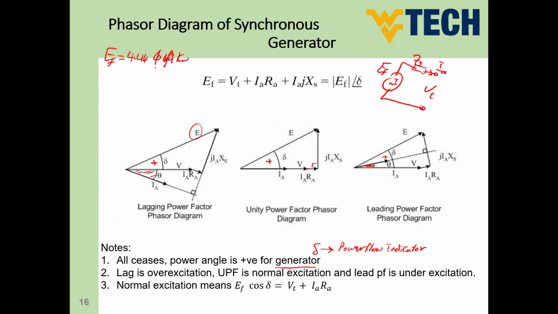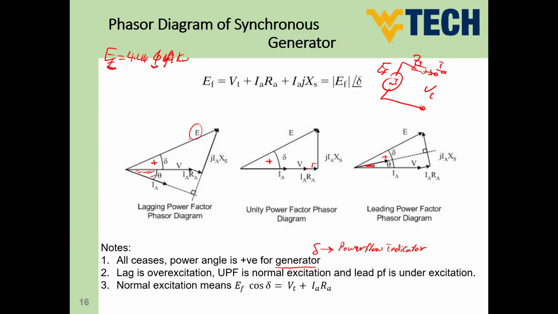So frequency is our machine speed, or depends on the machine speed, which is going to be constant. So we can say that EF is an indication of flux. So if the flux is high, EF is going to be high. If the flux is small, the EF is going to be small.